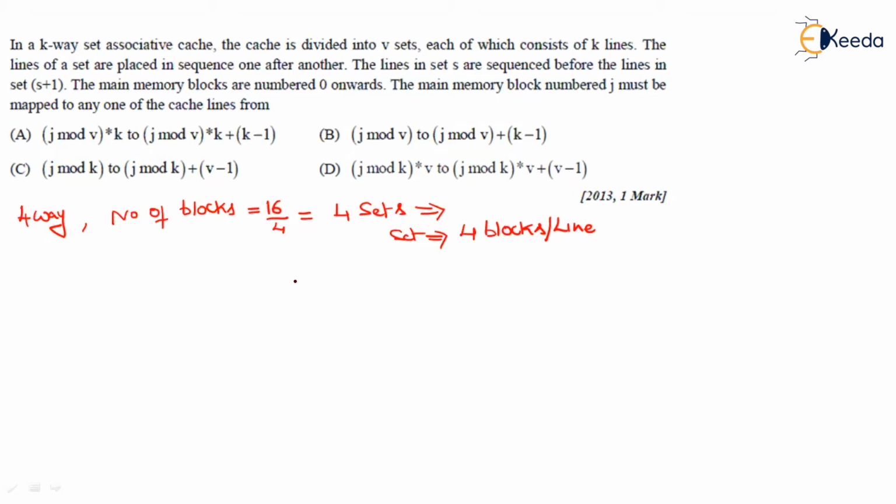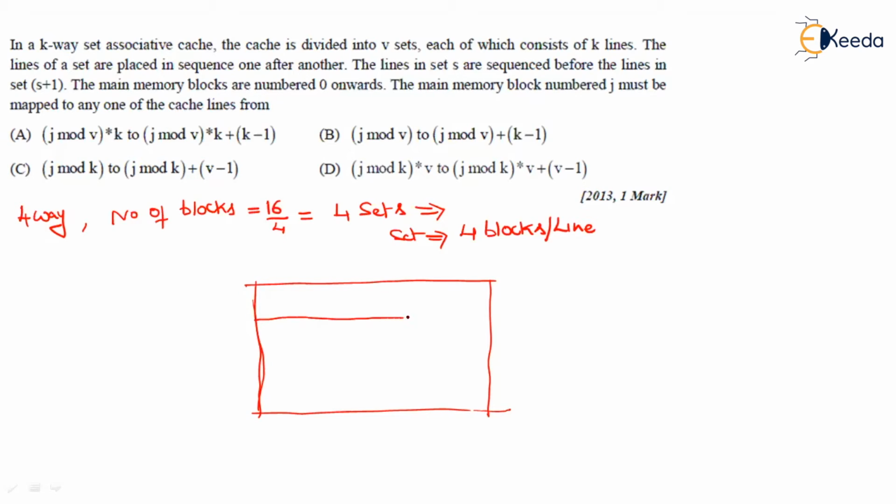Here, I'm drawing this. Let us say this is a 4-way set associative cache. If it is a 4-way set associative cache, there will be 4 sets. Each set is of 4 lines or 4 blocks, whatever you call.